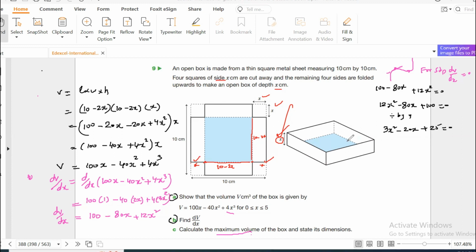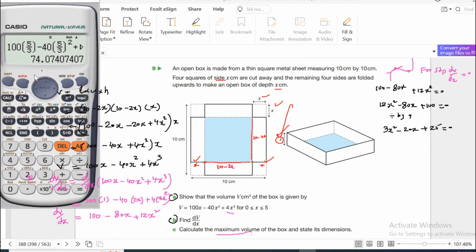So this is a quadratic. You can apply factorization or the quadratic formula, or we have another way to solve these questions. Straight away, I'm going to teach you because these questions are so long. So you can use a calculator also.